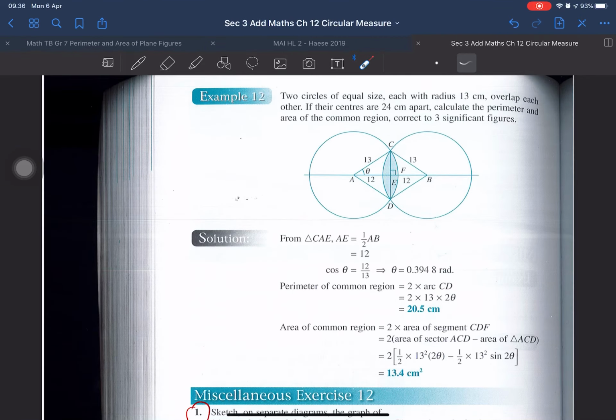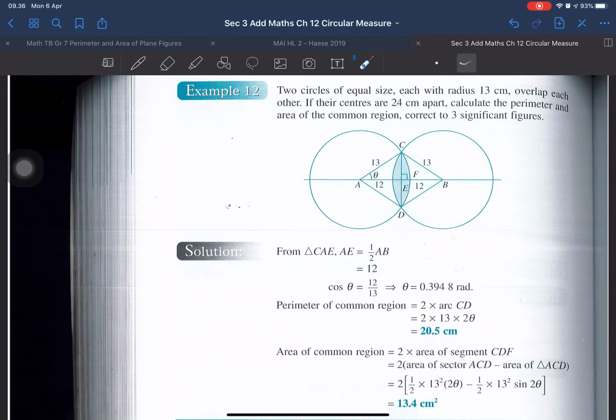Next is this part. This is basically simple. If you see, this is a sector and you minus the sector with triangle to get this part, and then just times 2, then you can get the whole part. Now the question is the perimeter first, then the area.